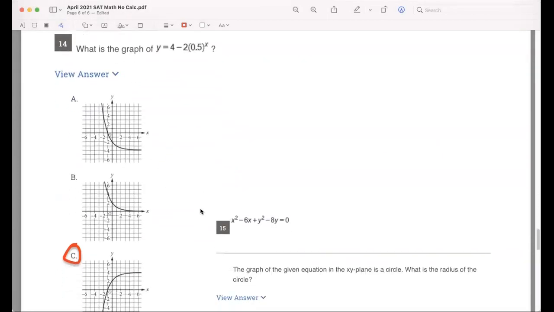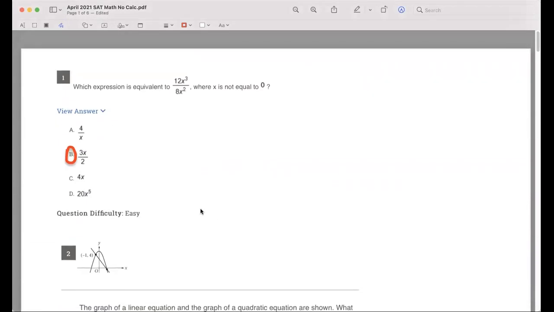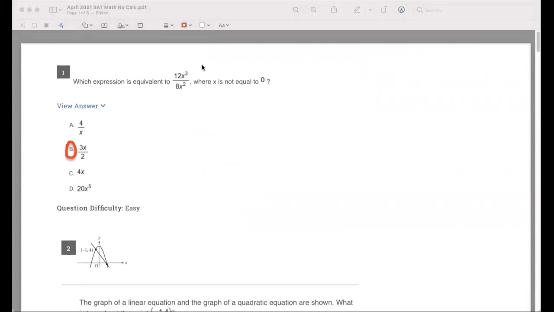So that was the no calculator section. Let's grade our answers now. I have the answer key with me.